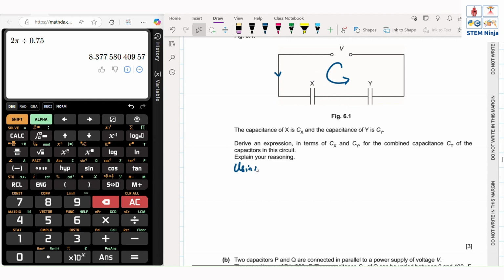So using Kirchhoff's second law, V is equal to Vx plus Vy, where Vx is equal to charge on X over Cx, and Vy is Qy over Cy.